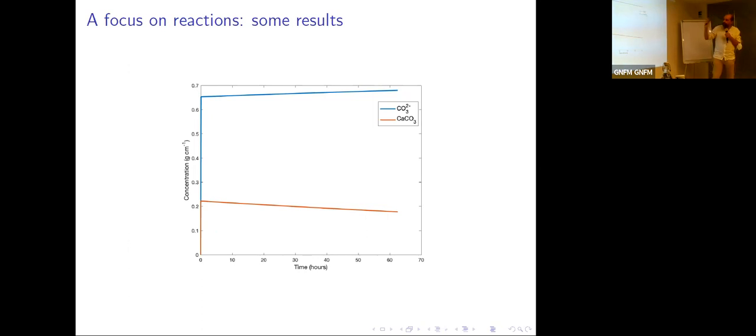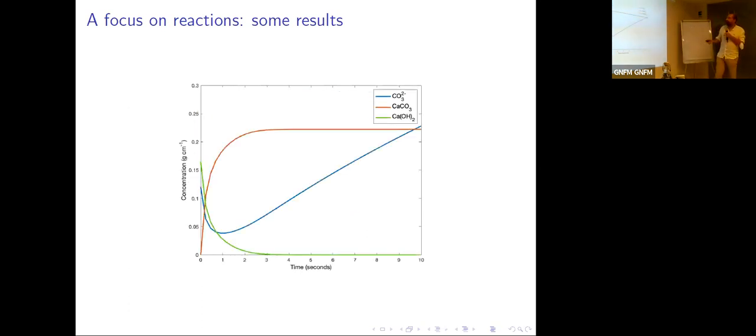If we zoom on the first instants of the simulation, we can see what happens. First of all, calcium hydroxide, after a few seconds, almost disappears.